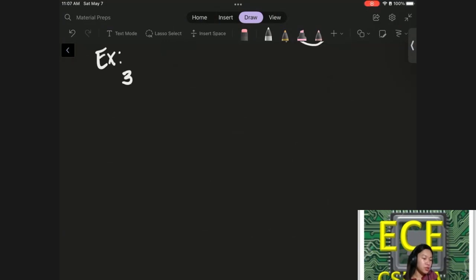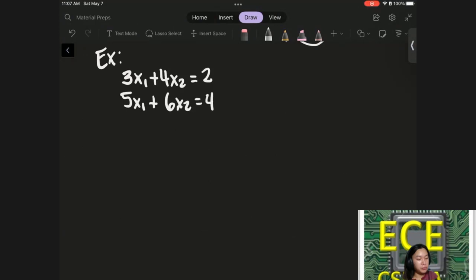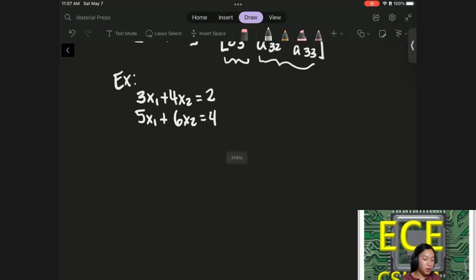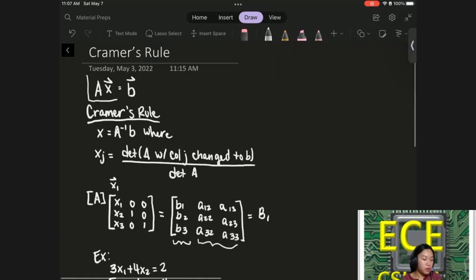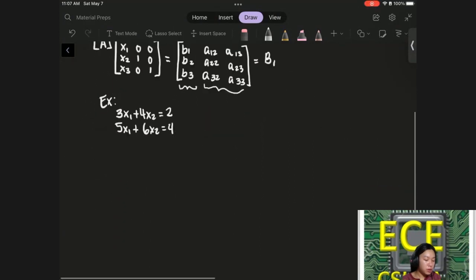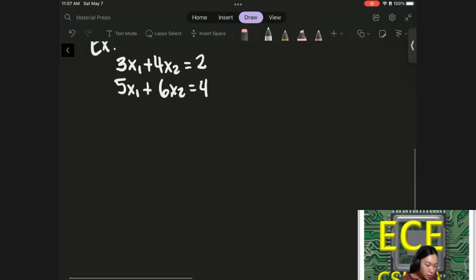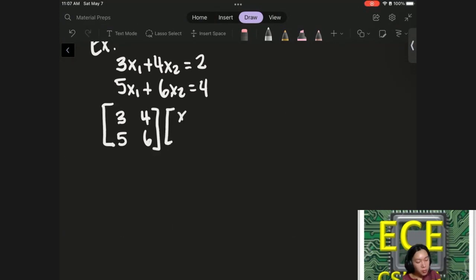I have a system of equations. 3x1 plus 4x2 equals 2. 5x1 plus 6x2 equals 4. Looking at the system of equations, I can write it in this form: the matrix 3, 4, 5, 6 multiplied by x1, x2 equals 2, 4.